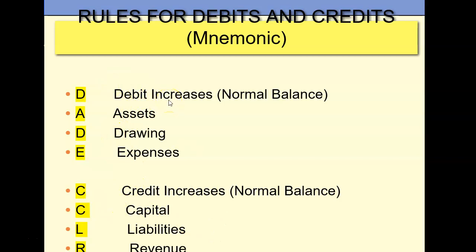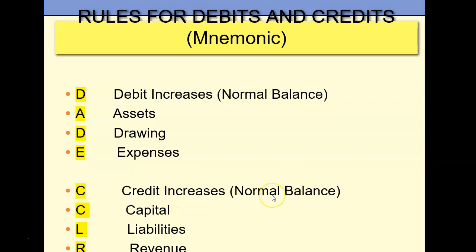So DADE shows the types of accounts that have a normal balance on the debit side, which means they increase on the debit side. For your credit side increases, we have accounts such as capital account, liability account, and your revenue account. These types of accounts will always increase on the credit side.